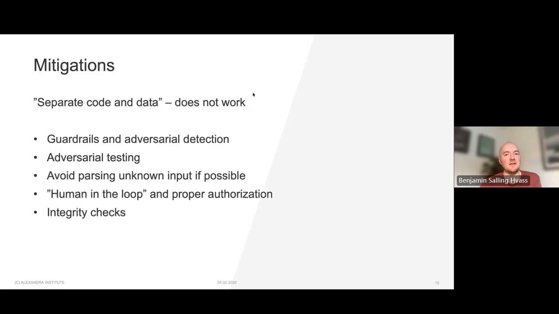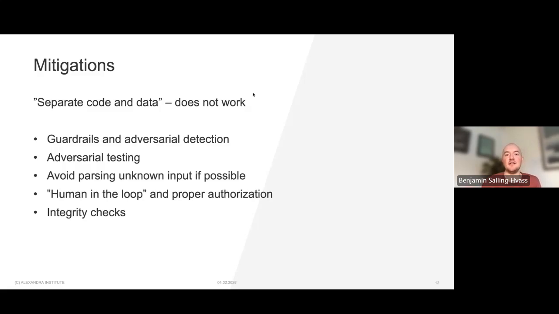So, mitigations for prompt injections: there are several, and it depends a lot on what you're trying to avoid, because they come in many different kinds of injections. One thing you might first consider is, couldn't we just separate code and data? Because this is usually what we do with other kinds of injection attacks.